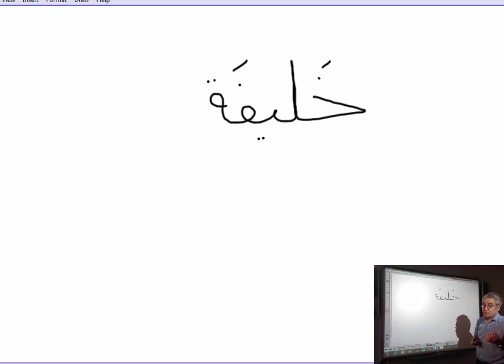It is with ta marbuta, but it indicates masculine. So as I said, in the majority of words, when you have ta marbuta, it indicates the femininity of the noun. But we have some exceptions like Khalifa.